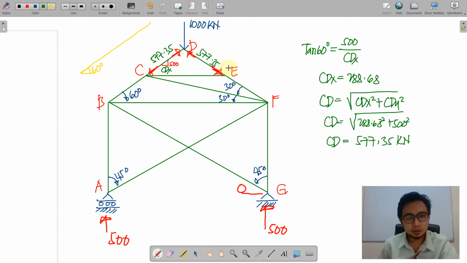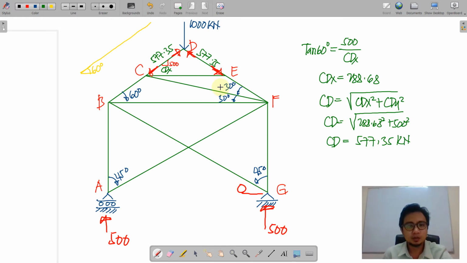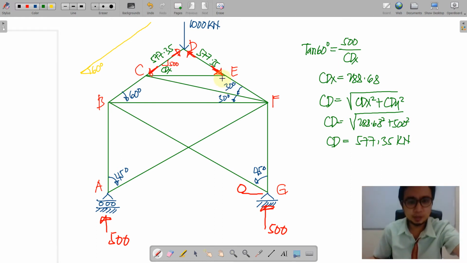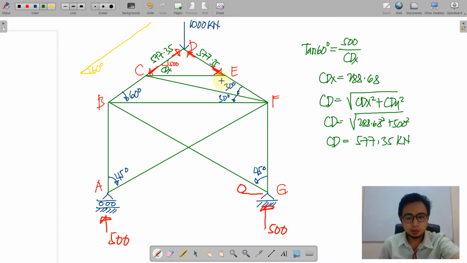For joint E, there are only CE and EF unknown, which is the minimum number of variables. Obviously, DE and EF are parallel, so we note that. If we have a rotated axis at that joint, we can say that CE is equal to 0. So how is that?